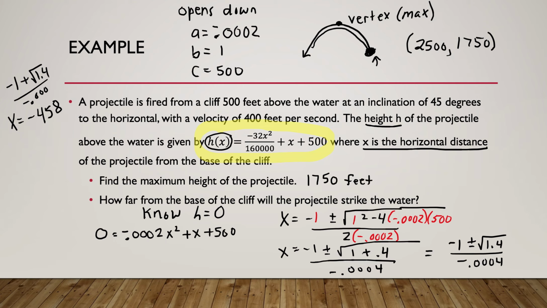Now, the question that I'm answering is, how far from the base of the cliff will I be? And I can't be a negative distance from the cliff. So I know right now that that is an extra solution, but it is not going to be the solution that I'm going to use because it's negative. All right, so I'm going to do the other one. So negative 1 minus the square root of 1.4 divided by that decimal on the bottom. So let's see what we get in that case.